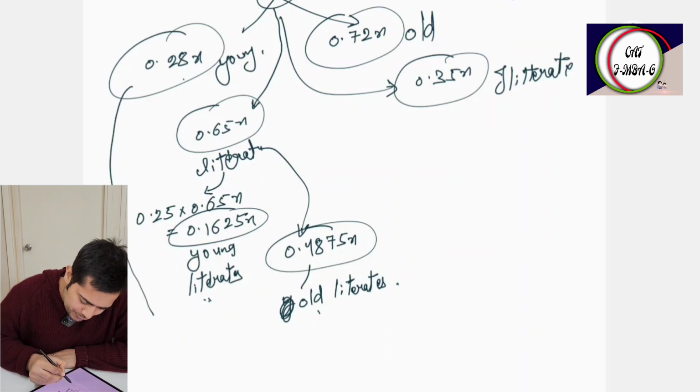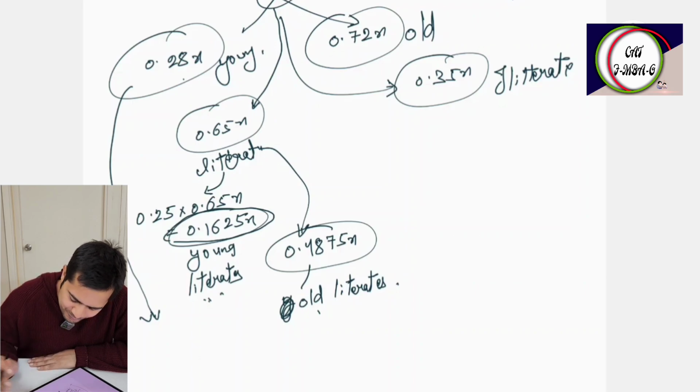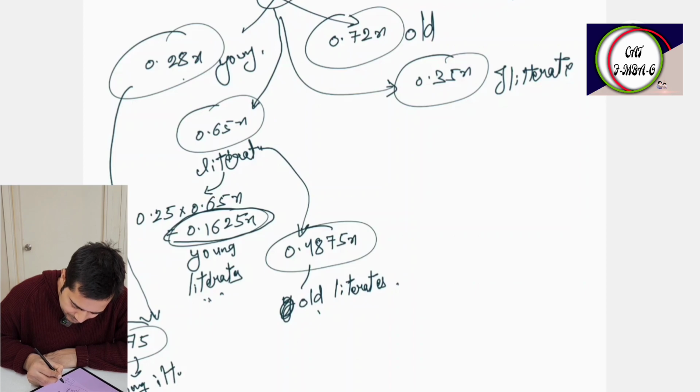Of these 0.28x young people, this 0.1625x are literates. So 0.28 minus 0.1625 means 0.1175. These are young illiterates. Got it?